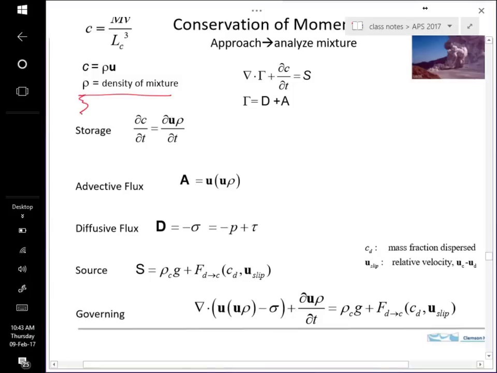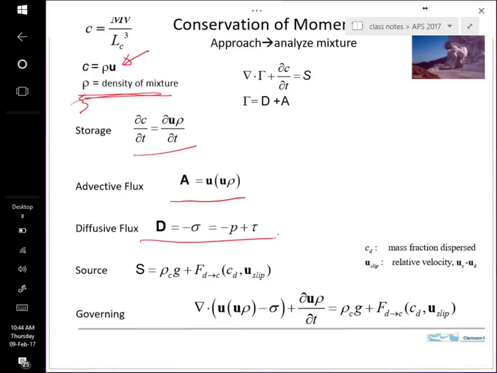It will depend on the concentration of the solid particles, or whatever particles they are in the liquid, times the velocity. So that gives us a path forward for the storage term for the momentum. This is the advective flux and diffusive flux. All that's just the same as what we've been doing for a continuous fluid. Now we just have this fluid mixture.